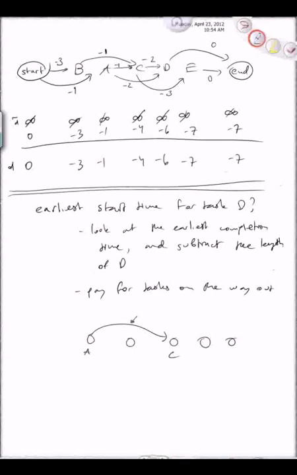But right here, we could be paying for tasks on the way out, so here would be the cost of A. So now this node A corresponds to starting task A. Whereas in our original graph up at the top here, the nodes corresponded to ending the task because we're paying for the task before we get to the node. And so if you run the analysis on this graph where you're paying for the task on the way out, then the label on this node is going to be the earliest start time for the task.